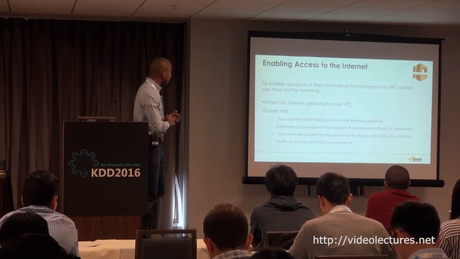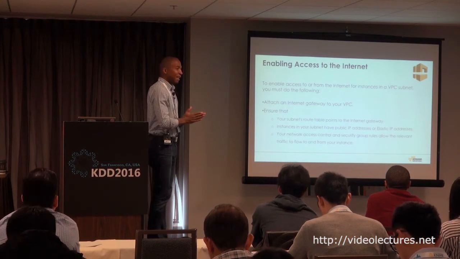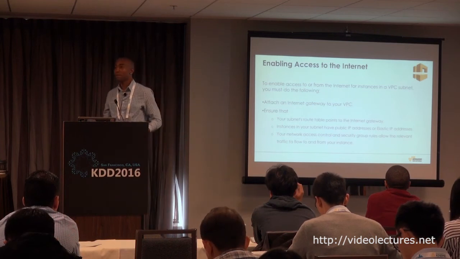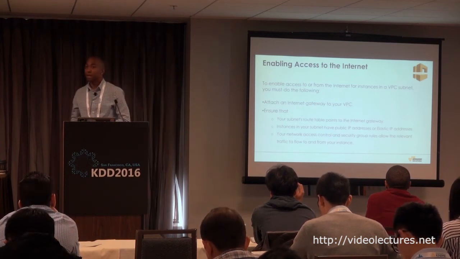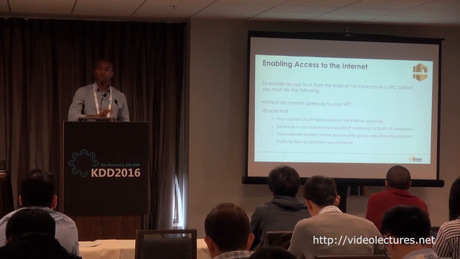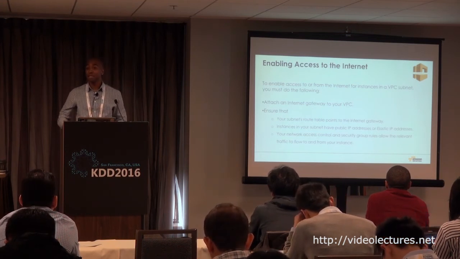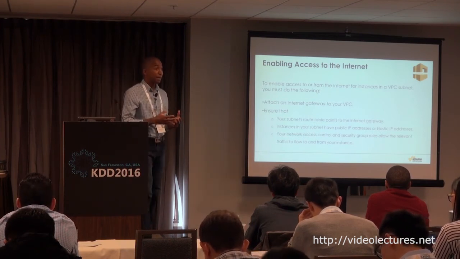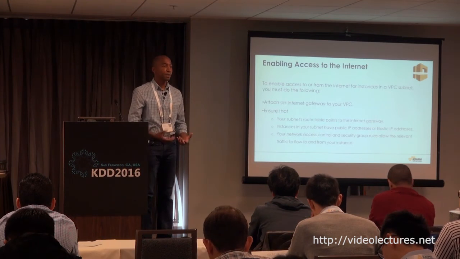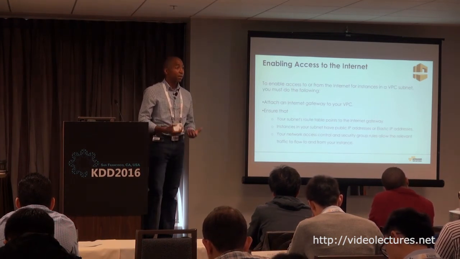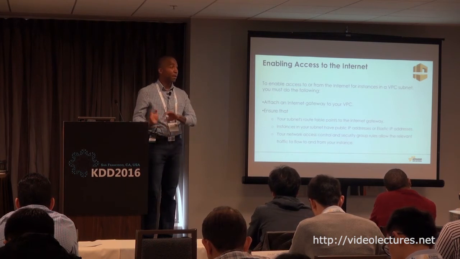So, internet access. It sounds simple, and it is very simple, but it's easy for us to make mistakes, all right? In the lab, we'll go through defining routes for your public subnet and your private subnet to get to the internet. Now, you have the ability, as I said earlier, to route all your internet traffic through the internet gateway. But what we see companies doing is actually not doing that at all.